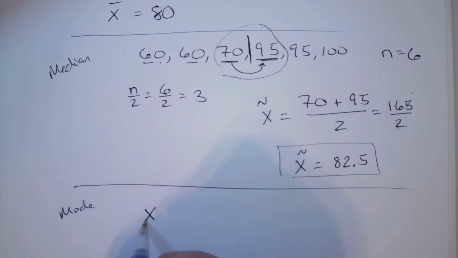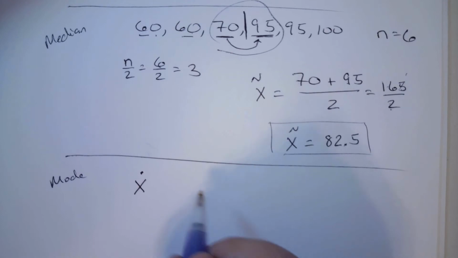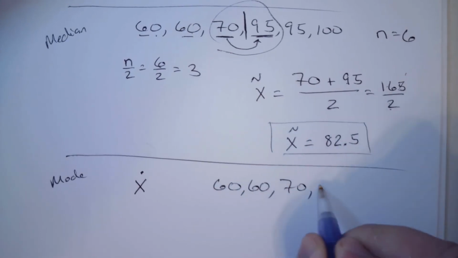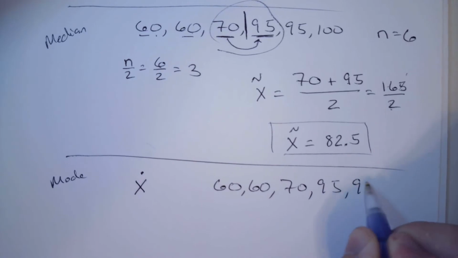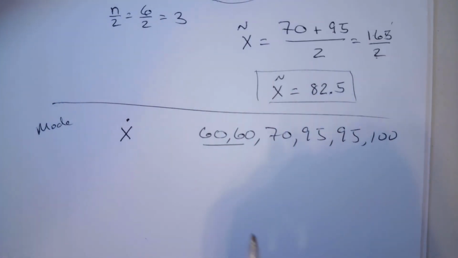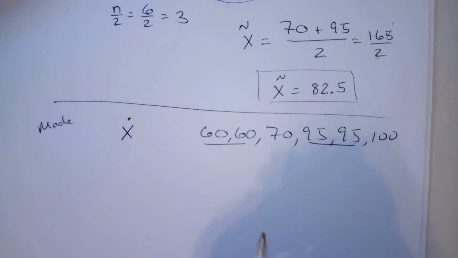The mode, or the x dot, of 60, 60, 70, 95, 95, 100. 60 occurs twice, and so does 95.